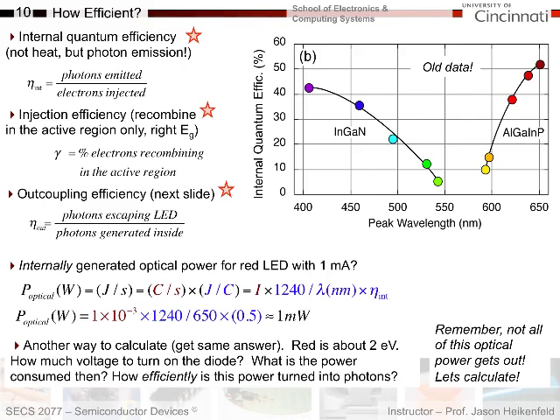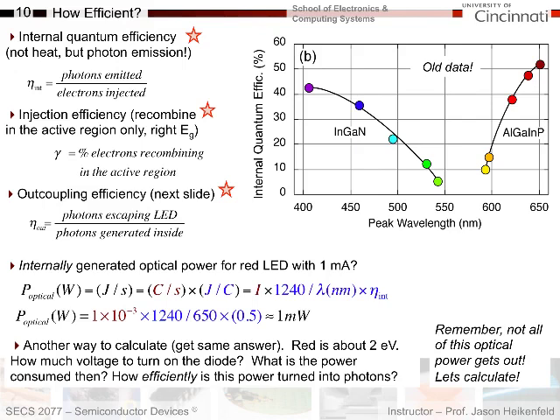So I'll basically plug in 1 milliamp, that was my starting assumption for current, 1240 over lambda, red emission, 650 nanometers. And if I'm at 650, I'll assume that my quantum efficiency is 50%, so I'll put that in there, and I calculate that I get 1 milliwatt of optical power out.